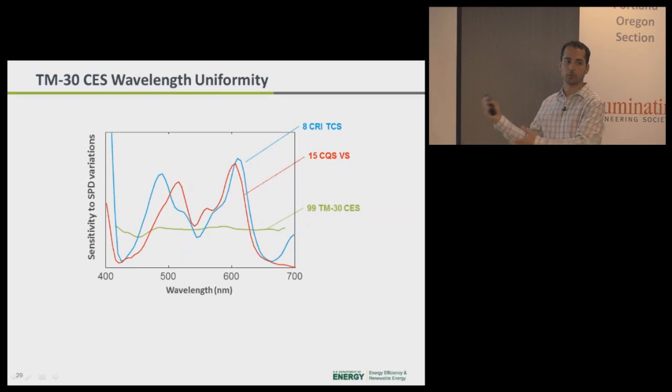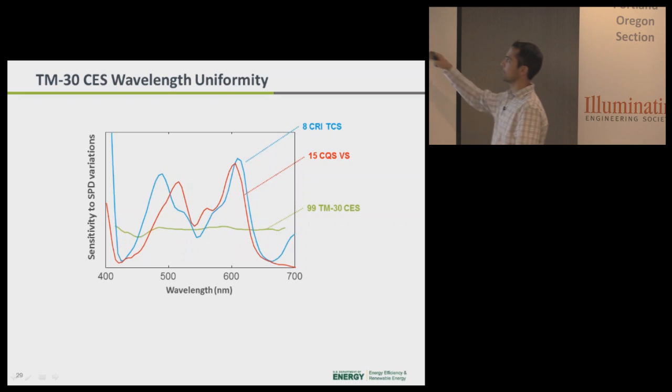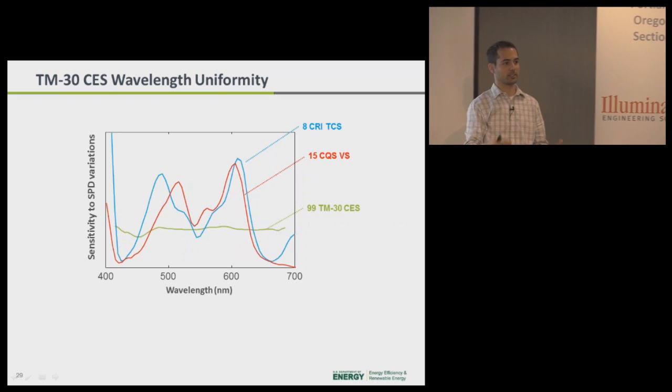So we shouldn't be trying to include that in a model that's predicting what's actually going on out in the world. And lacking any data of an actual representative sample of all the objects in the world in proper proportions, we said, well, let's make it neutral, because that seems like the most logical way to do it. So you can see, comparing the 99 samples to the others, we get this relatively flat spectral sensitivity.